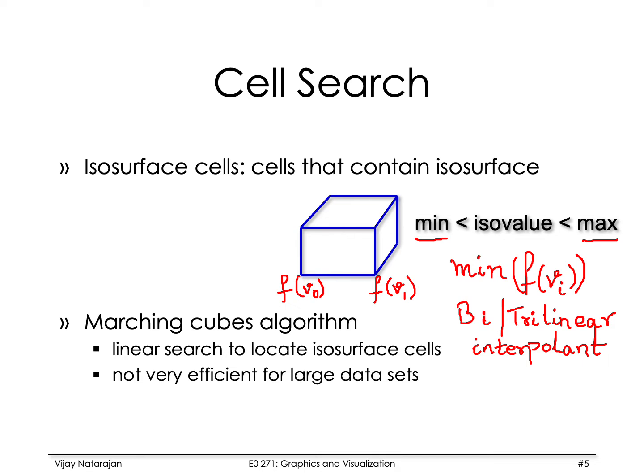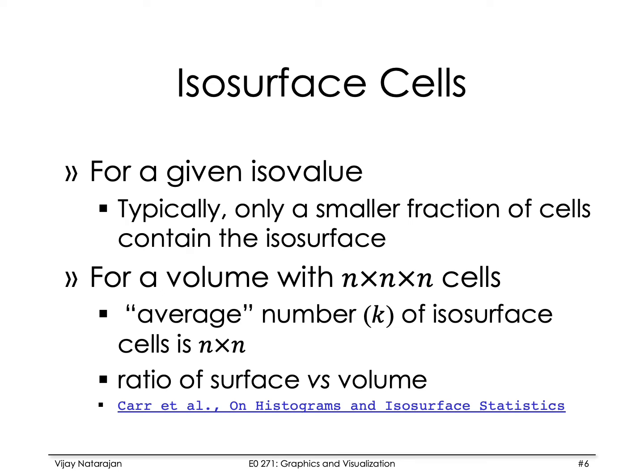So we already discussed during our discussion session that this linear search may not be very efficient. And the reason is as follows. Given an isovalue, typically, for a typical data set, only a small fraction of the 3-dimensional cells or voxels contain the isosurface.